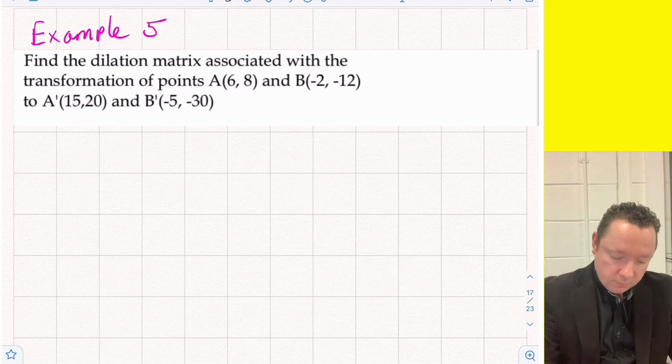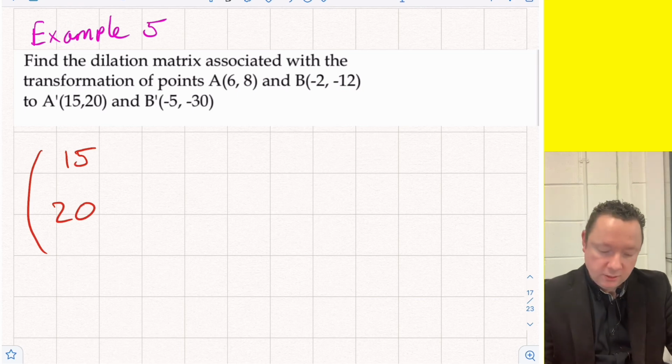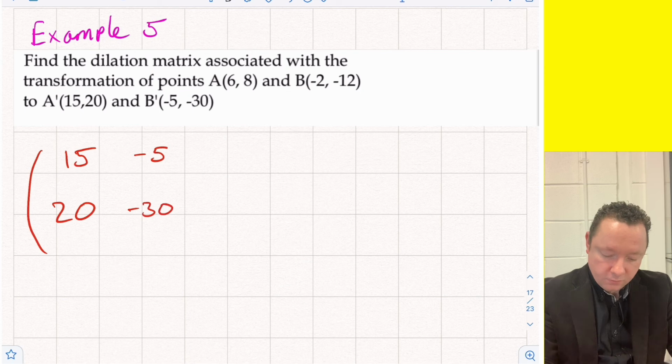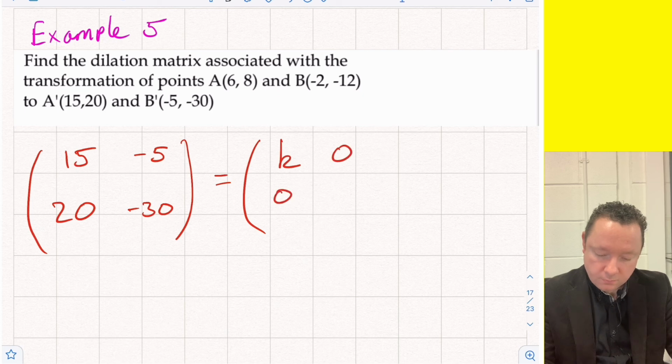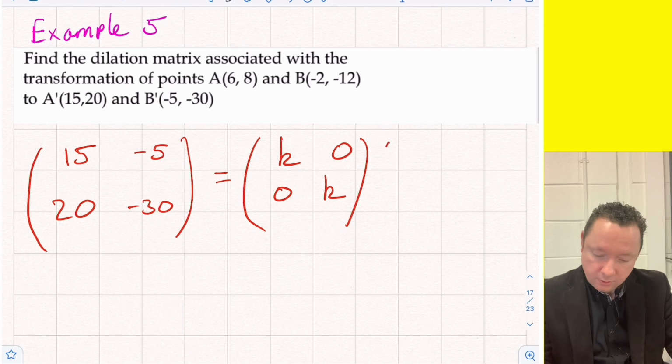So our image, taking A prime as a matrix, we've got 15, 20, and within the same matrix B prime is minus 5, minus 30. So there's our image. That equals our transformation matrix times our original points. Our points are 6, 8, minus 2, minus 12.